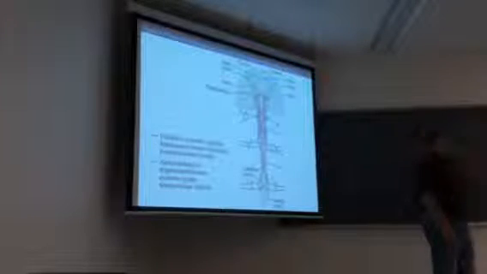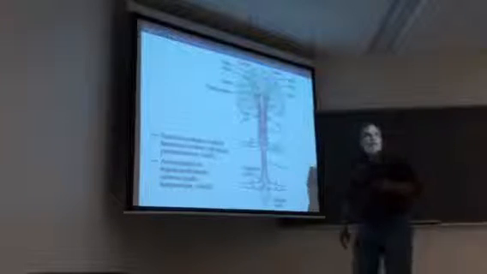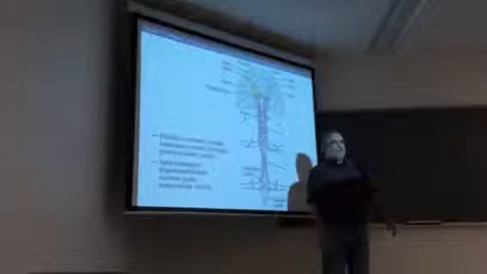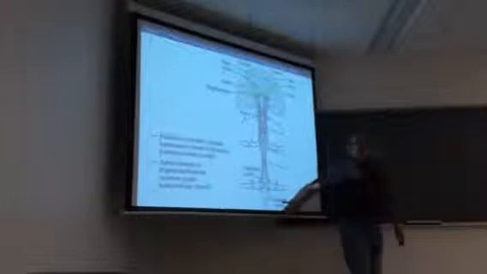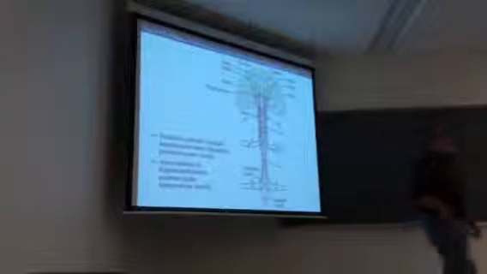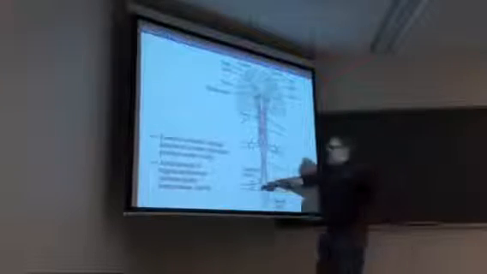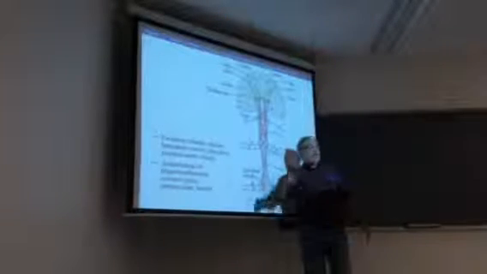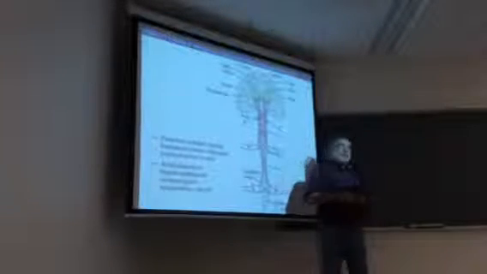With motor, it's simple. We cross over at one spot, everything from the right side goes to the left side. With somatosensation, depending on where you are in the cord, you've either decussed already or you haven't.